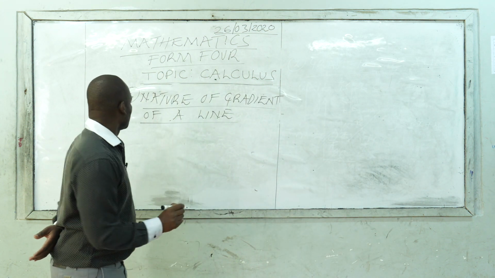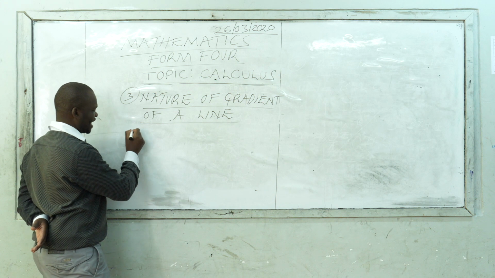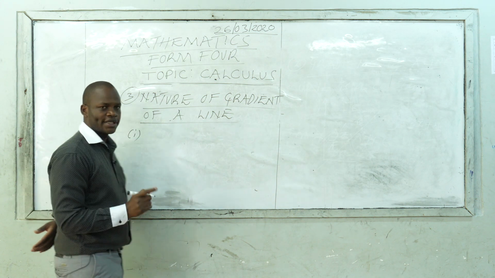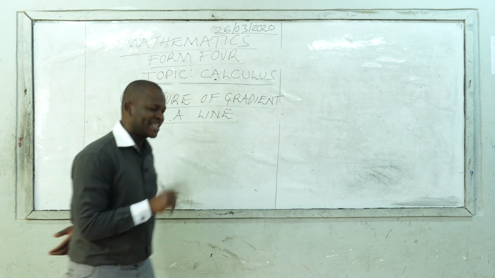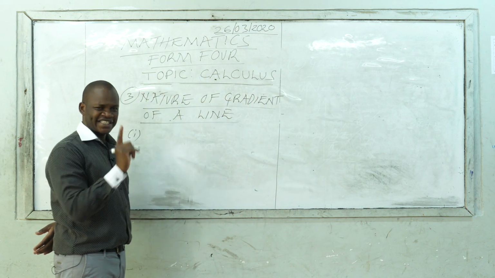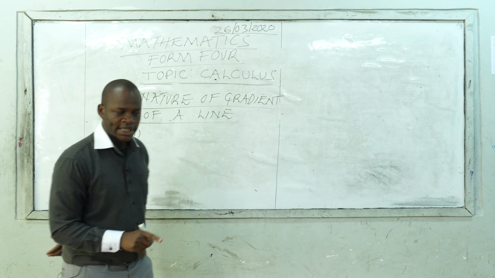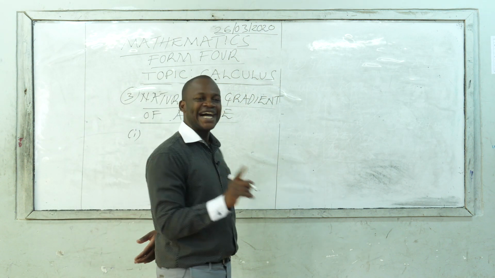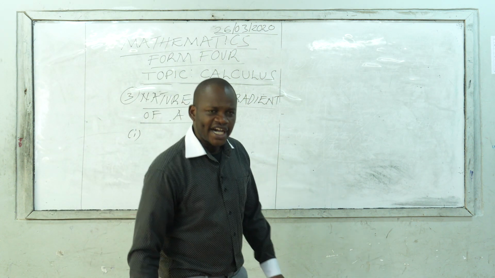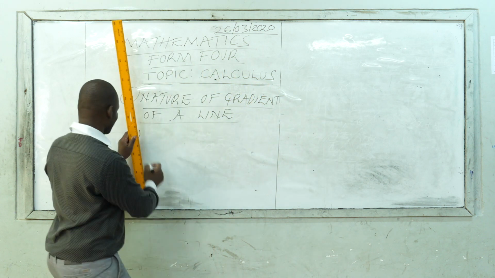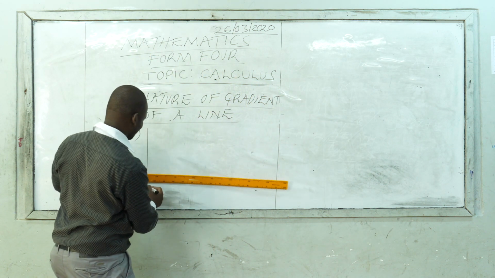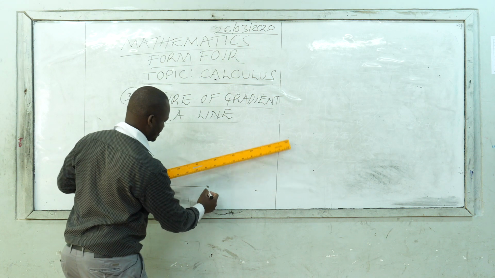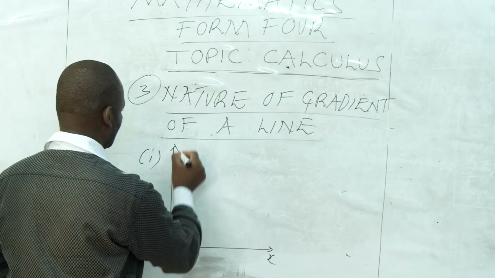Number 1, whenever you have a line sloping downwards from left to right, such a line will always have a negative gradient. A line with this inclination. So I have my y-axis, I have my x-axis.